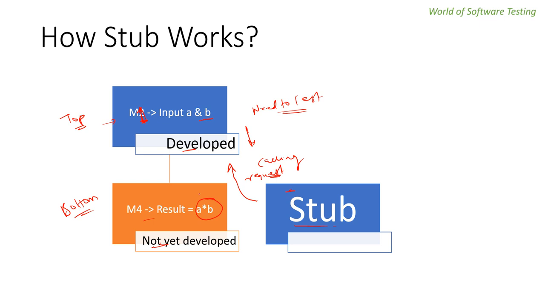So once we get the request from M1 to stub, then the stub will provide a response. Let's say A and B are 2 and 4, then it should provide the response as 8. If the response is as expected, which can be compared with the help of XML parsing, then we can say that M1 is working as expected. So in this way the stubs work.